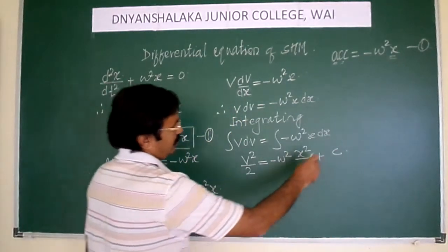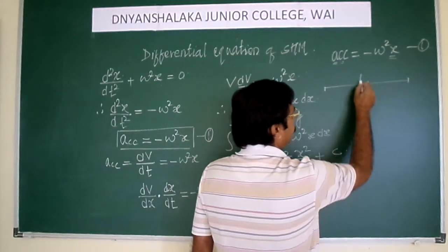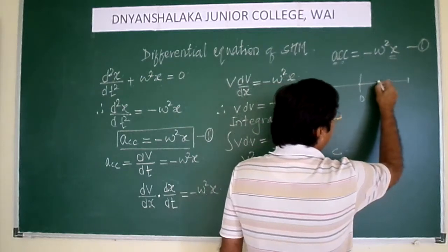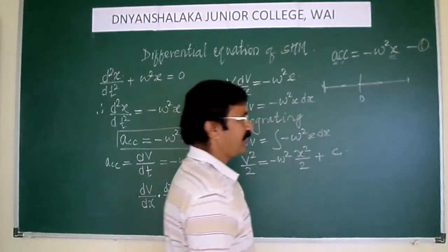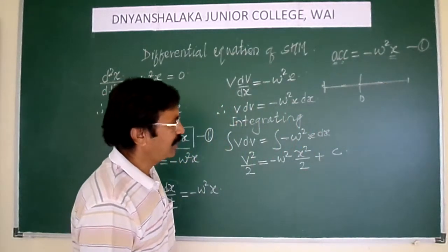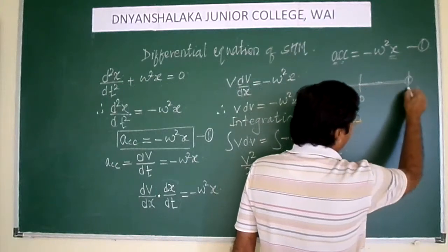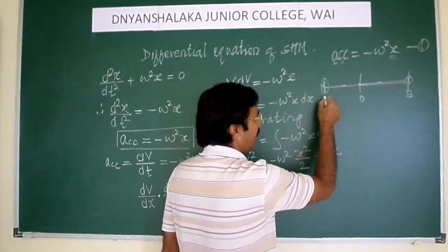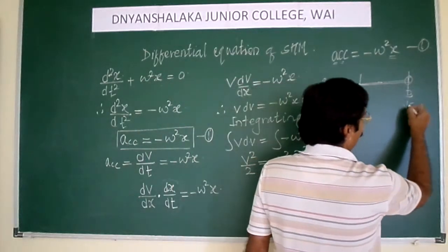For a particle performing simple harmonic motion, as the particle shifts along the path, the value of velocity keeps on changing. When the particle reaches the extremity, either B or A, the velocity becomes 0.